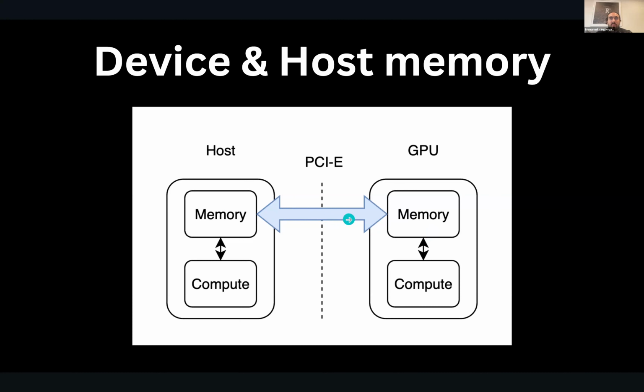So when you design software for GPUs, it's best to design your algorithm so that you load in the data initially, then do all the computation, or as much computation as possible, on GPU, and only then offload the result back to the host. So yeah, that's the first point.